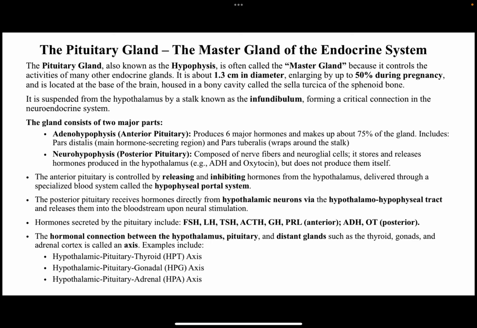The anterior pituitary is also called the adenohypophysis because there is a blood vessel connection between the hypothalamus and the anterior pituitary. Okay, good. And then we have a neural connection between the posterior pituitary and the hypothalamus. Because of that, we call it the neurohypophysis. Is that okay? Good. So in summary, this brings us to the end of the pituitary gland anatomy and physiology.